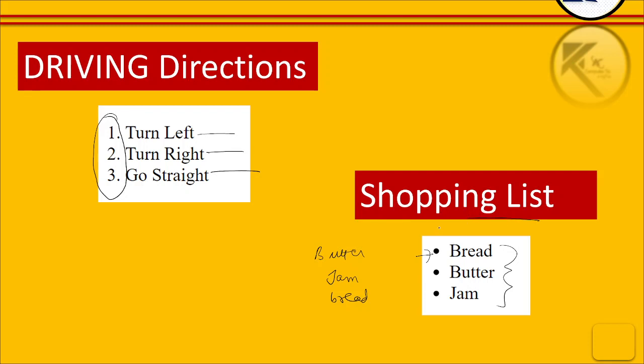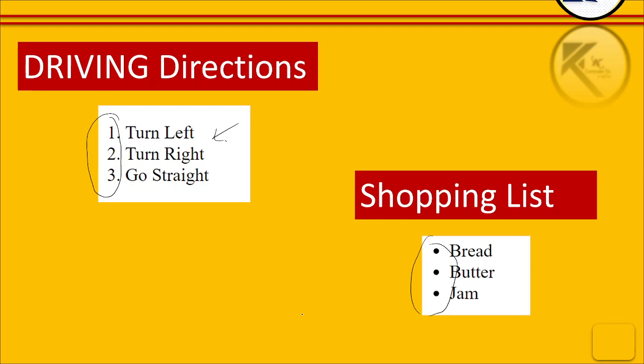So we will choose the unordered list. But here, if I change the order of these items, then the meaning of those driving directions is going to change. So here it will be more meaningful to use ordered list, and here you can go with the unordered list.